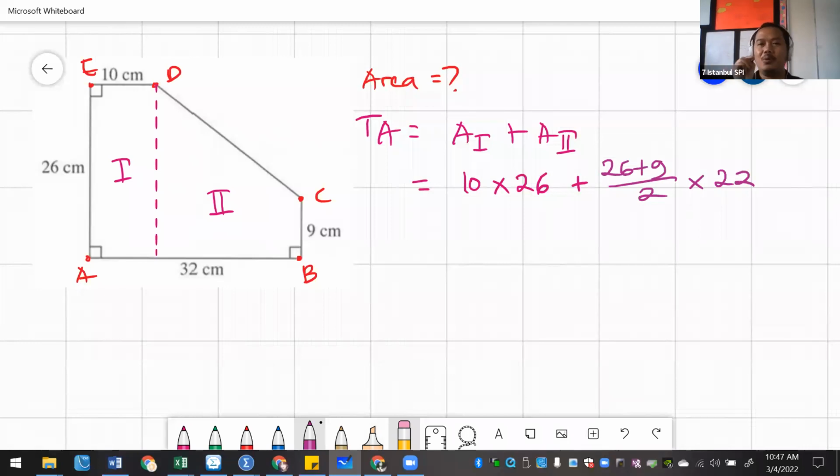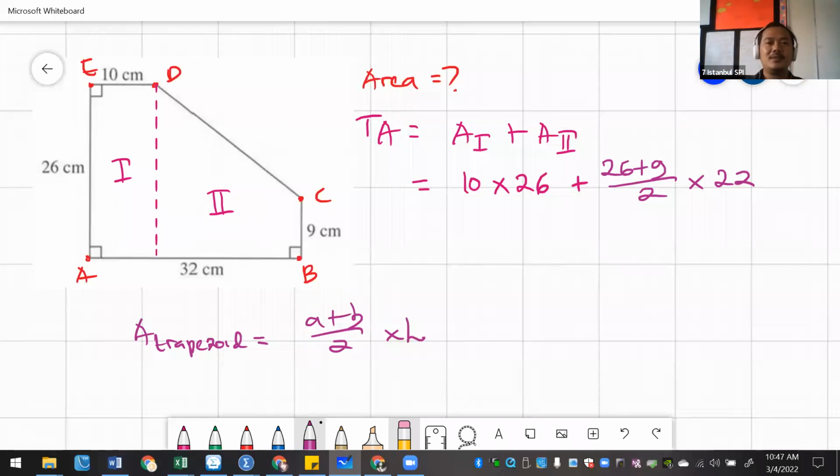I'm going to show you why it's like that. We know the area of a trapezoid; if you forgot, you can check your book or notes. The area of a trapezoid is equal to A plus B over 2 times the height. Remember I told you before that A and B are the two parallel lines.